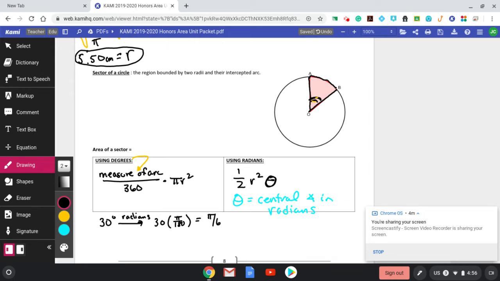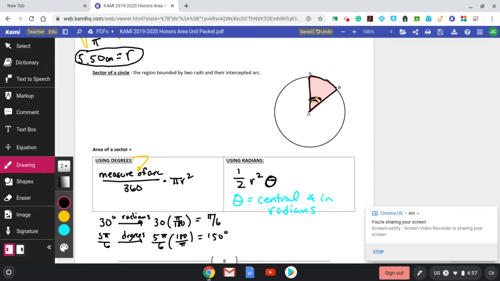If you wanted to go backwards, say you had 5 pi over 6 radians and you wanted to turn it into degrees, you would multiply it by 180 over pi, cancel out the pi's, and that would end up with 150 degrees. So memorize both or just choose one, but make sure you're able to convert if needed.